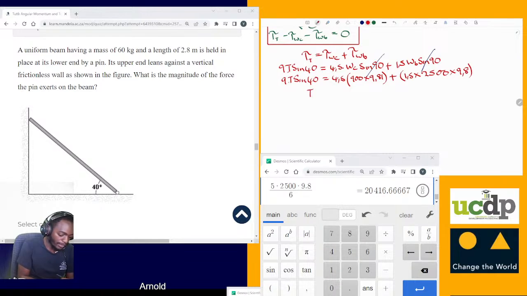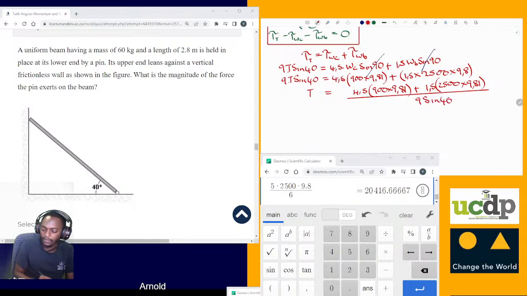And we're looking for T, right? So this becomes 4.5 times 900 times 9.81 plus 1.5 times 2,500 kg times 9.81, all over 9 sine 40.